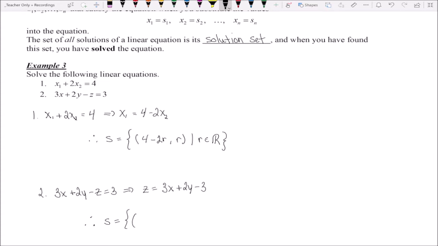Let's say x will be r, and y will be t. Then z would be 3r plus 2t minus 3, such that r and t are both real numbers. Both of these had an infinite number of solutions.